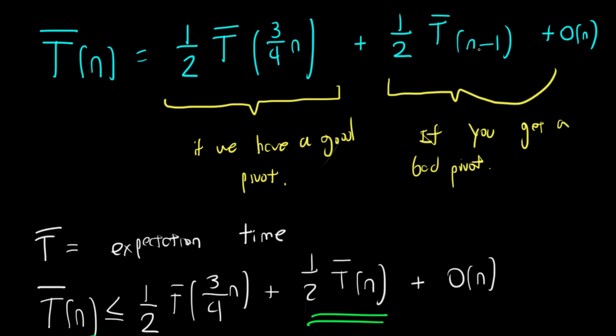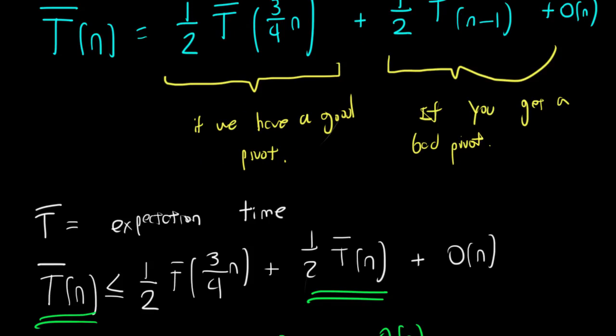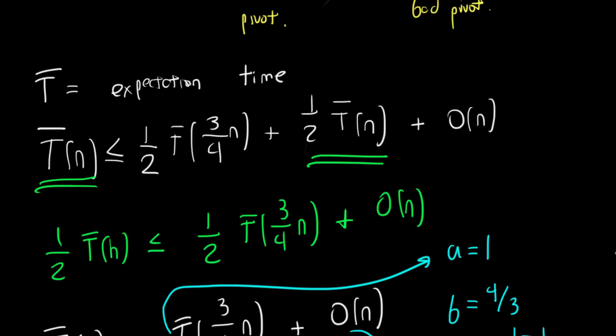Now, the thing is that we don't have this in the master's theorem structure. The master's theorem structure wants a T of n to have an a, multiplied by T of your data divided by some factor, plus big O of n to the power of d. We've seen this in the master's theorem video, and that should start to be a bit more familiar to you.